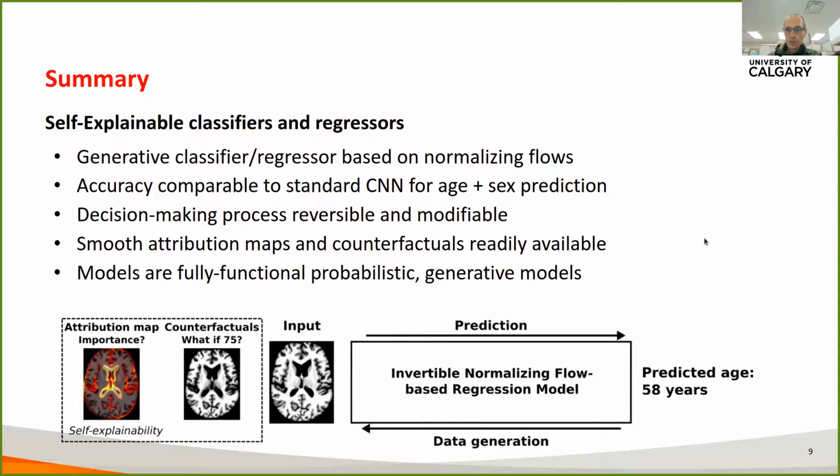So let me quickly summarize what I presented here. I presented a way to build self-explainable classifiers and regressors, which are based on normalizing flows to build those generative classifiers and regressors, and their accuracy is kind of comparable to standard CNNs for tasks like age and sex prediction, but in contrast to standard CNNs, the decision-making process is reversible and modifiable, and this helps us to compute smooth attribution maps.